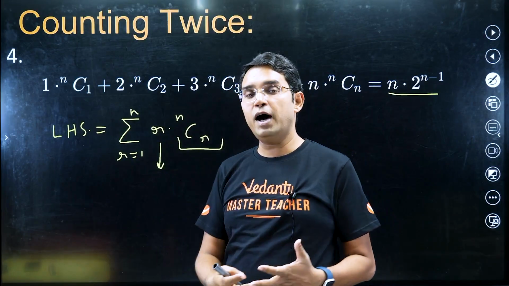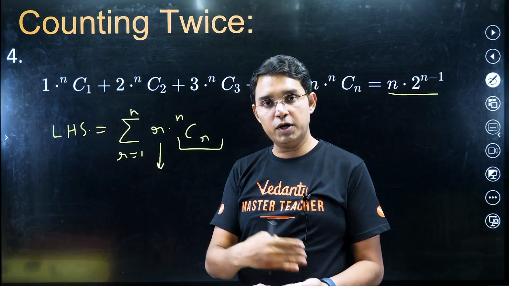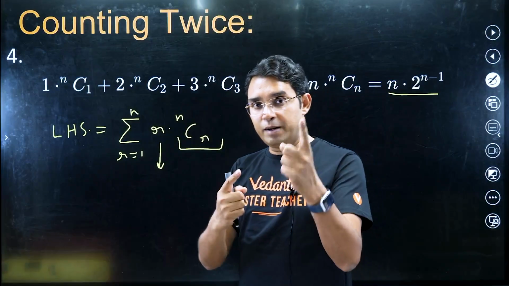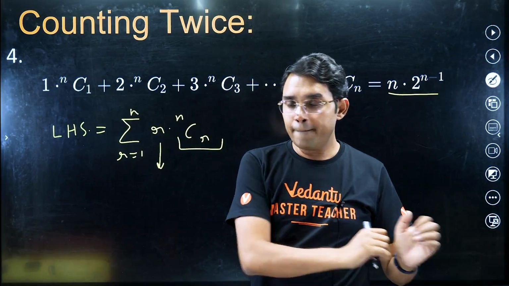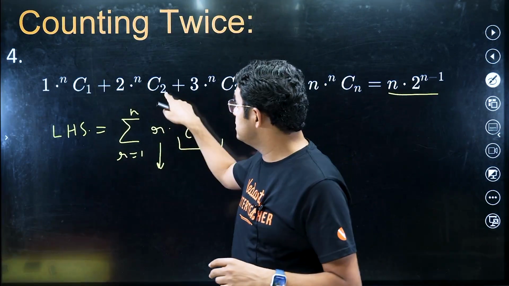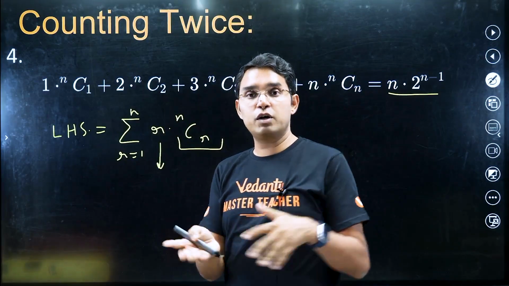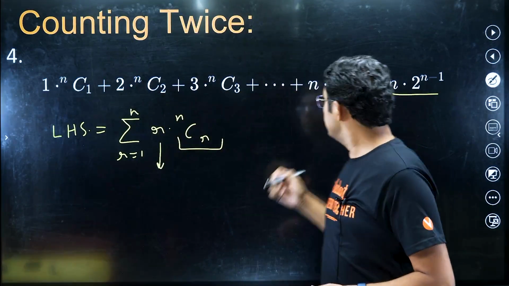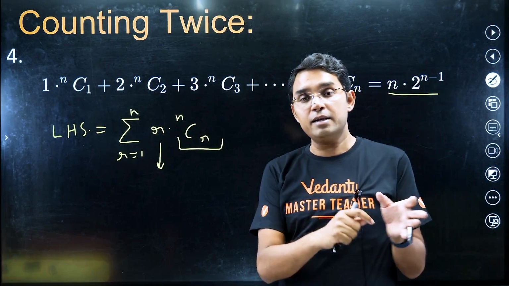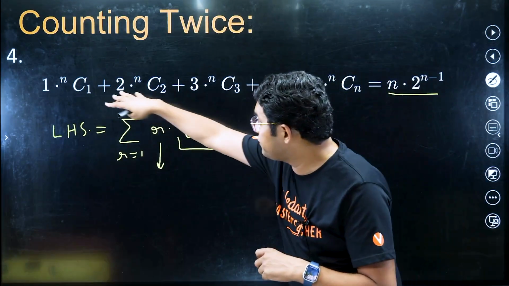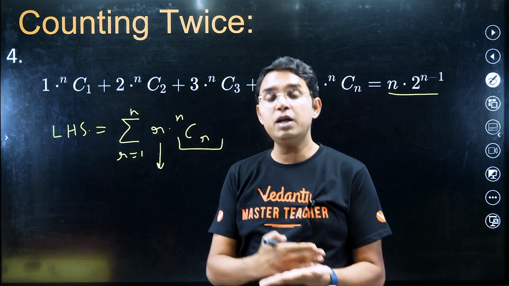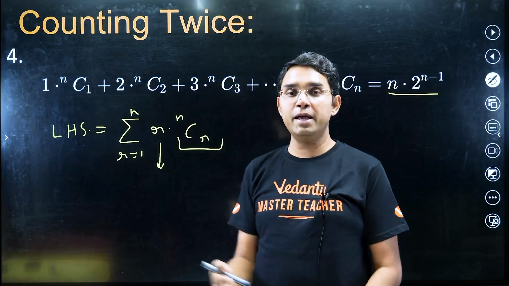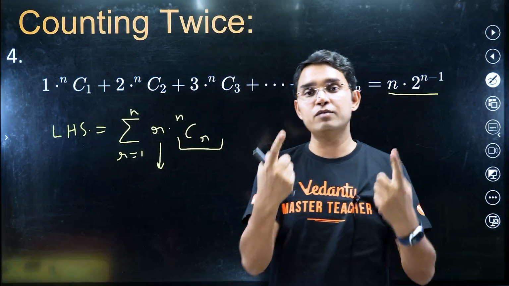And here the value of R ranges from 1 to N. That means your team can be of one person, but that person will be the leader. Your team can be of two persons, NC2, and out of these two, one of them will be a leader, and so on. Your team can be of all N persons, then out of N, one leader will be selected in N ways. So this left hand side says selecting 1 or 2 or so on, or N students, followed by making one of them a captain.